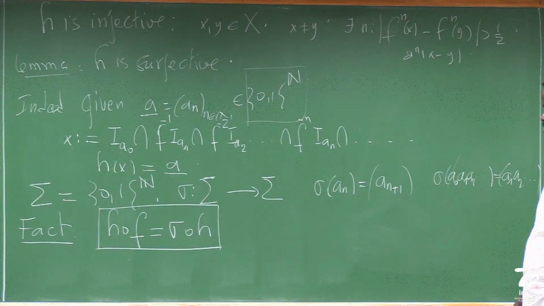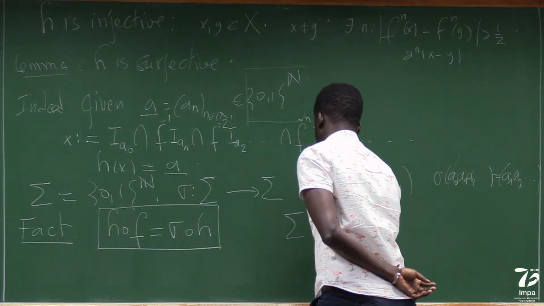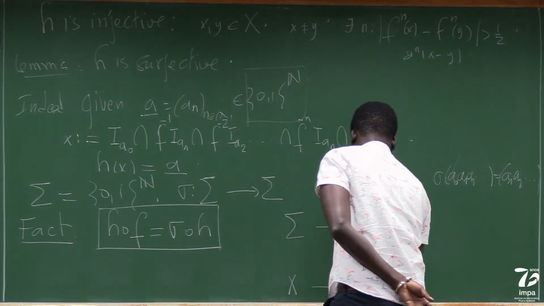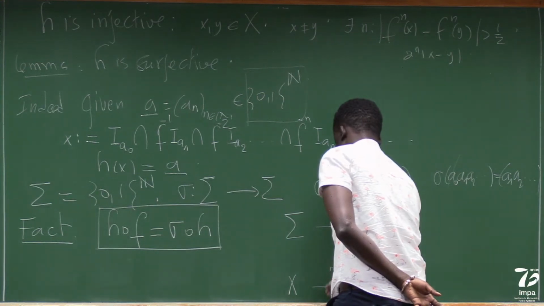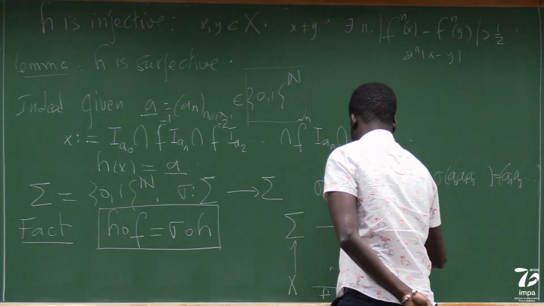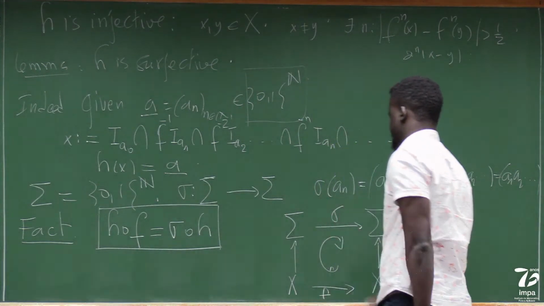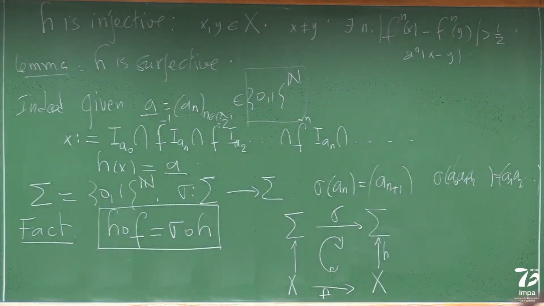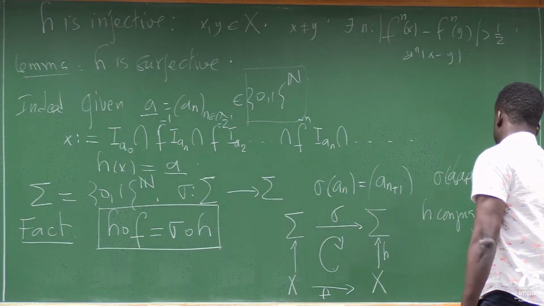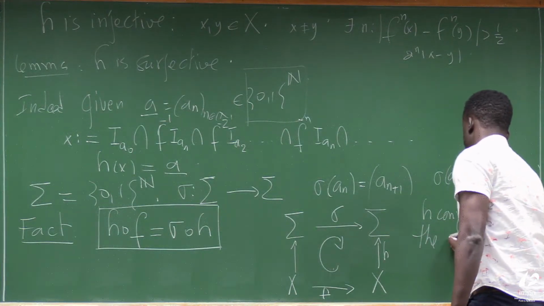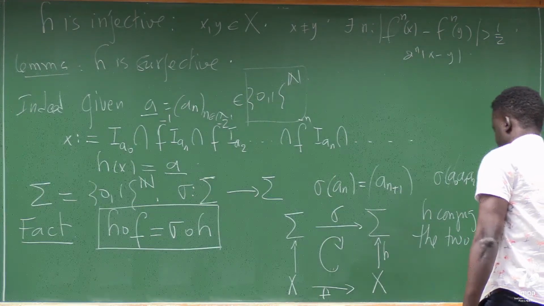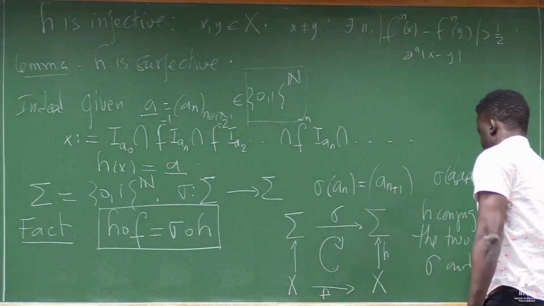So you have this nice correspondence: you have your space X, f here, sigma here, and h, and this diagram commutes. This is just saying that h conjugates the two dynamics, sigma and f.